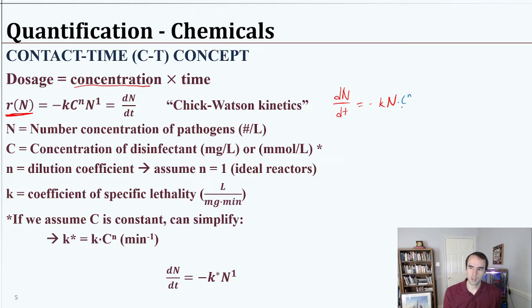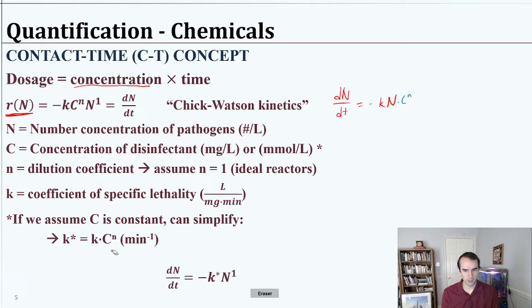Now, the deal here is if we can assume that C to the N power is constant, which is sometimes reasonable to do, then the K and the C essentially are both constants, and we could even group them together and describe it as a K star is equal to K times C to the N power.